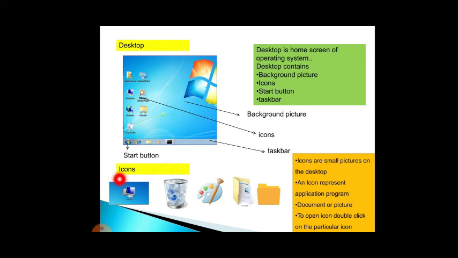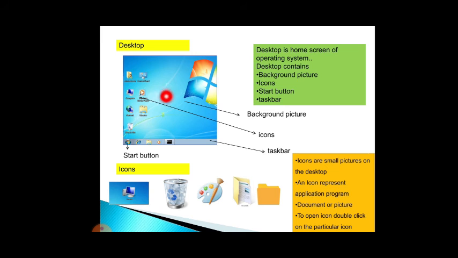Let us see now what the icons are. If you are clear with the desktop, we will see the icons. Can you see the icons here? This is my computer icon, this is the recycle bin, this is paint, this is a file and this is a folder. Icons are the small pictures on the desktop.